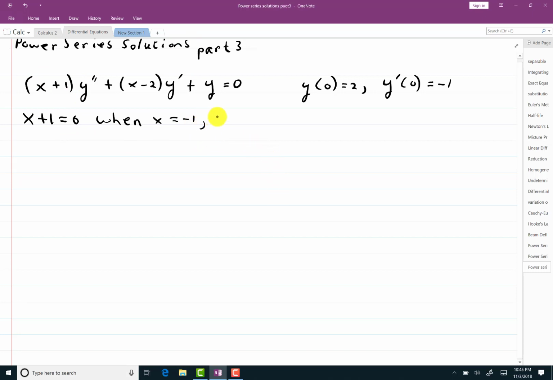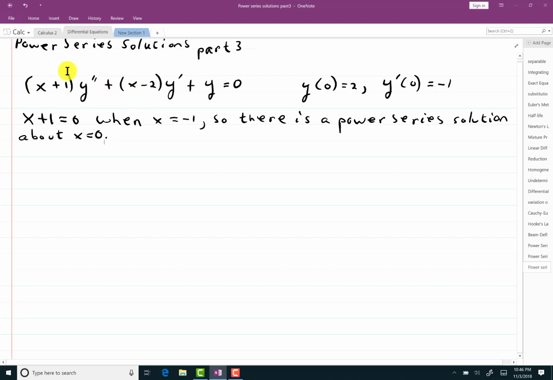So there is a power series solution about x equal to 0. There's some theory I'll talk about next time, but there's a little bit more than what I'm saying about just not being 0 there.